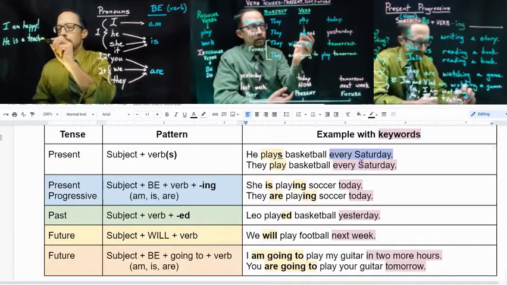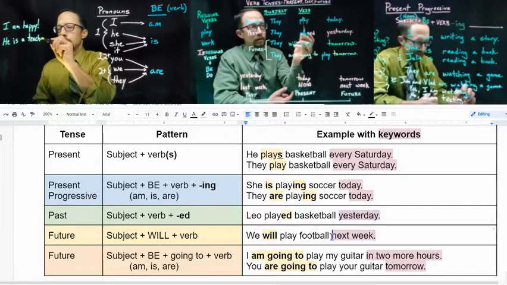Those are present tense. That's right now. These are the same. Remember, past tense are things like yesterday, last week, 2 days ago, 5 minutes ago. Okay, these can change also.